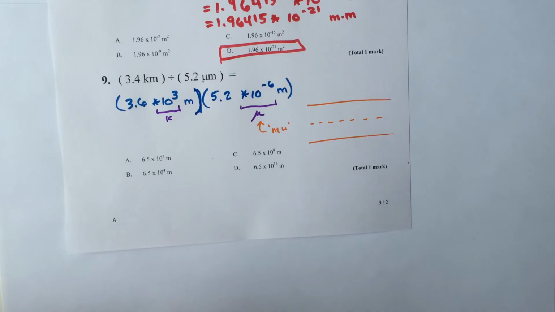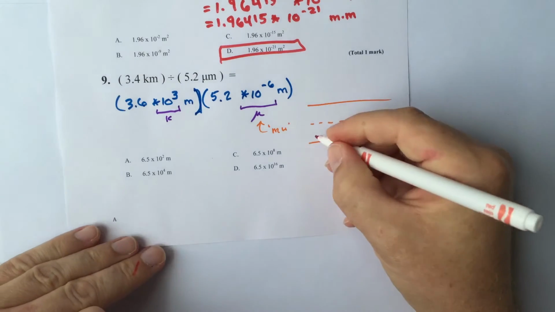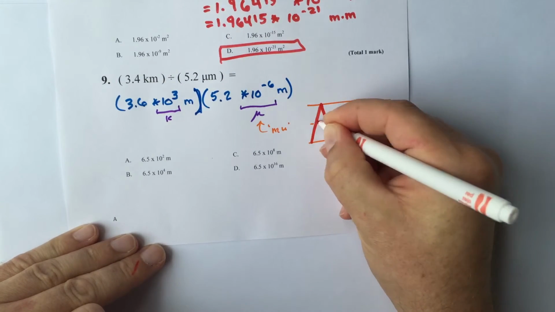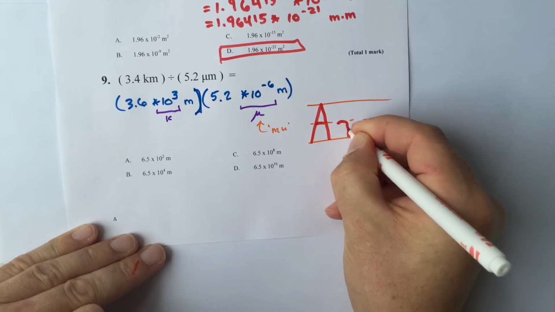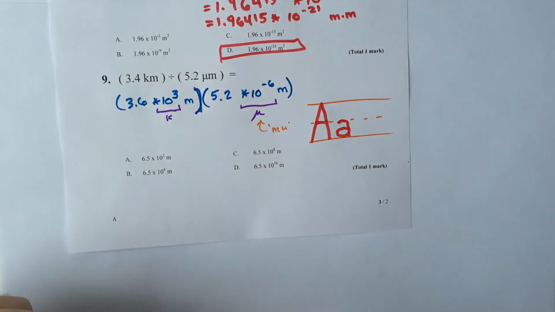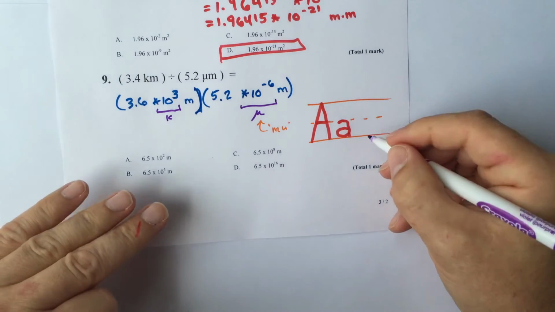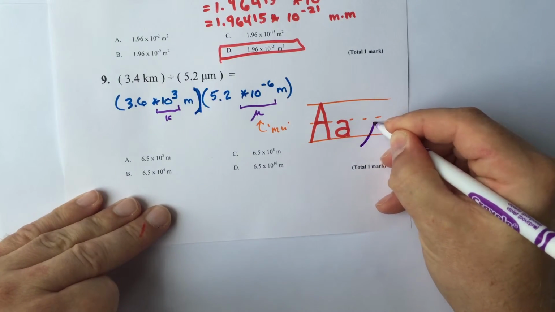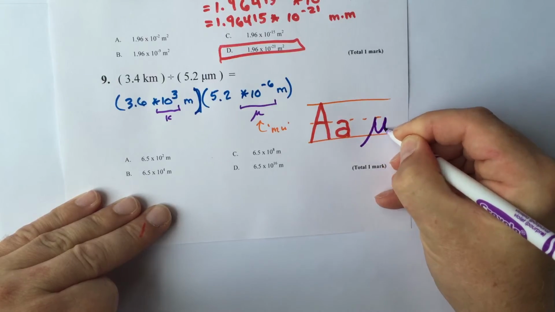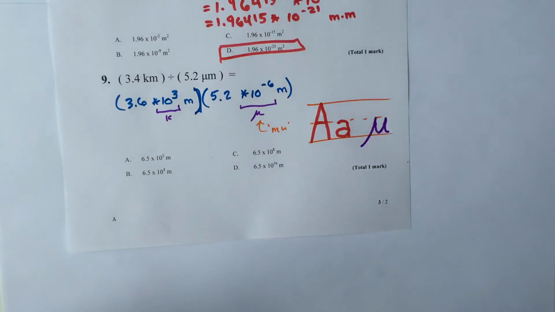Like if you were going to write a capital A, you would write it like this, and this would be how you'd write a lowercase a, or how I would, probably not how you would. But a mu actually looks a lot like a cursive U, but it starts below the line. This is mu right here.